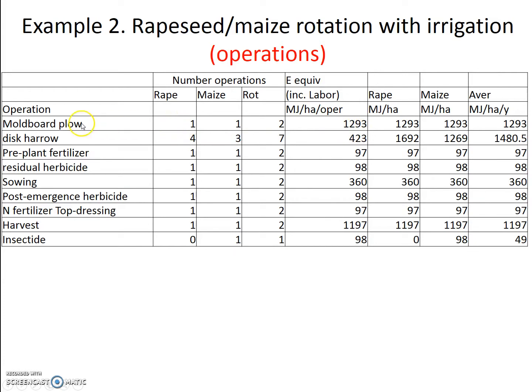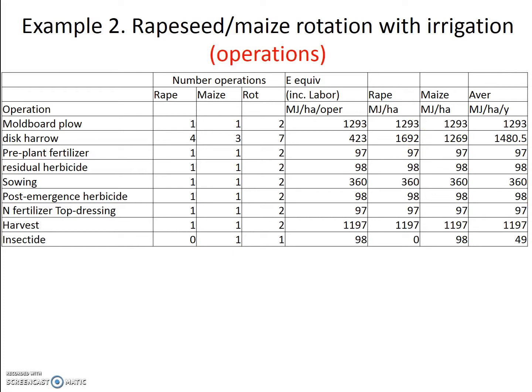For instance, 1 moldboard plow operation requires 1200, or close to 1300 megajoules per hectare for rape. Or for these harrows or cultivators, it requires for rapeseed a total of 1692 megajoules per hectare.